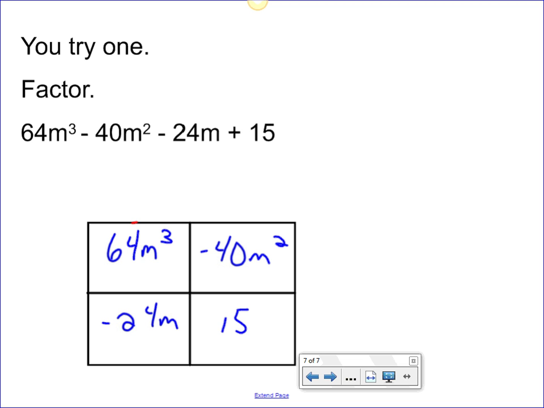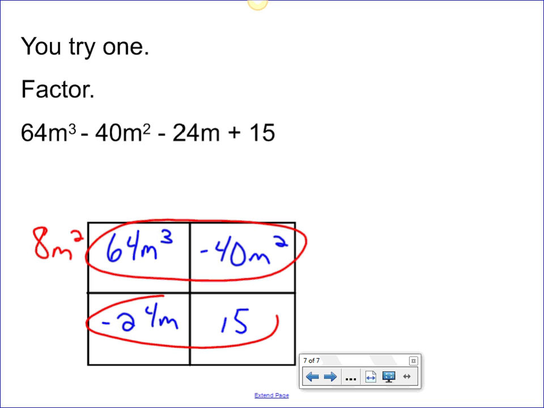So common factor of a 64 and a 40, I would say the biggest thing that goes into those is an 8m squared. Greatest common factor here would be a 3, but since 24 is negative, it should be a negative 3. And then common factor here, out of a 64 and a 24, greatest common factor again would be an 8 and an m.